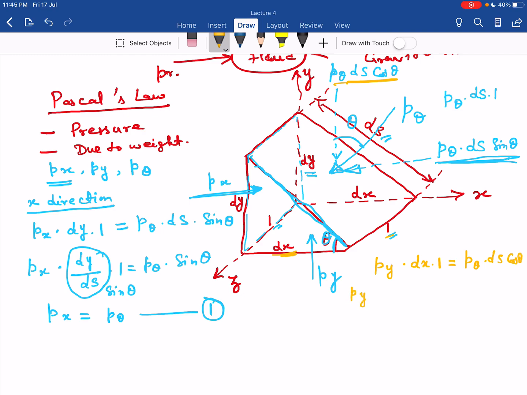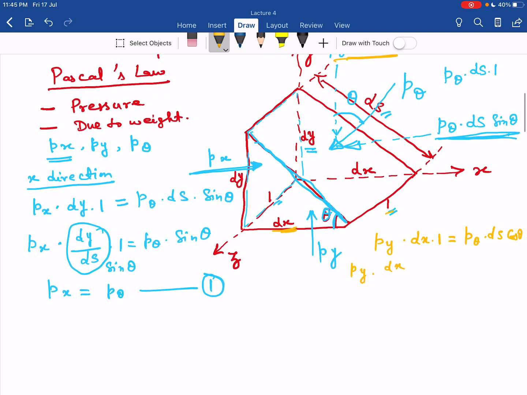So you can write it as py into dx upon ds equal to p theta into cos theta, or this dx upon ds becomes cos theta. So you have the second relation as py equal to p theta, that is equation number 2. So from equation number 1, no, there is one more force, sorry. If we talk about pressure, we have these two components.